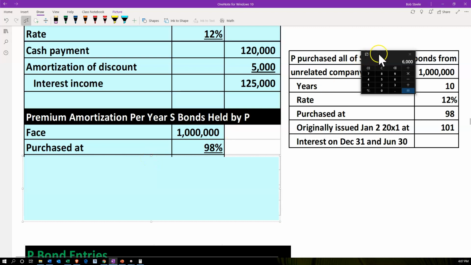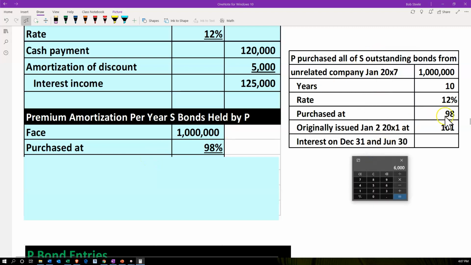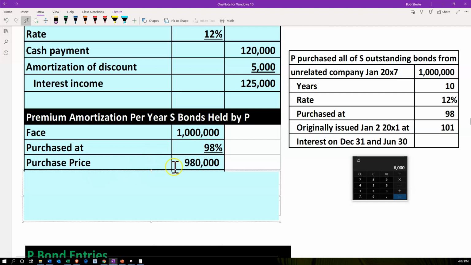Then we've got the purchase at the 98, because we're talking about the purchase by P. P's purchasing them at a discount. So the 1 million times the 98% would then give us the purchase price of the 980,000.